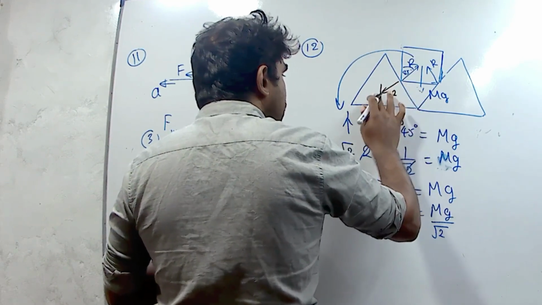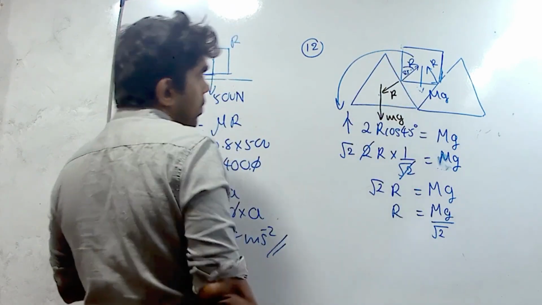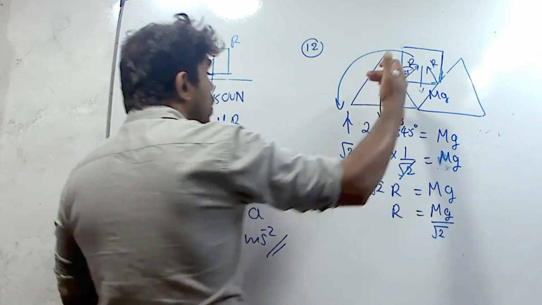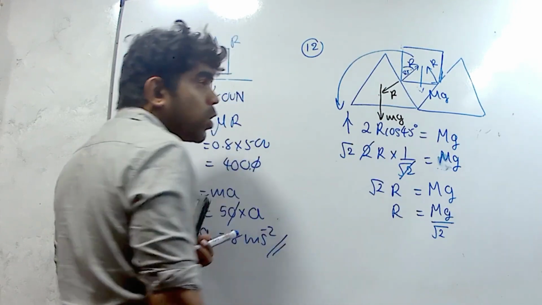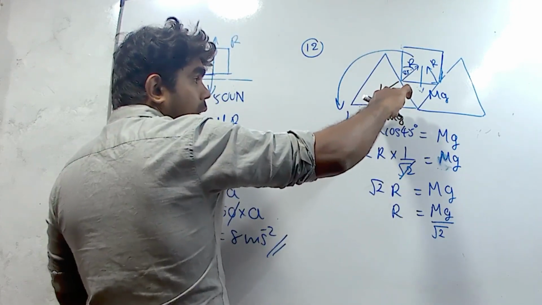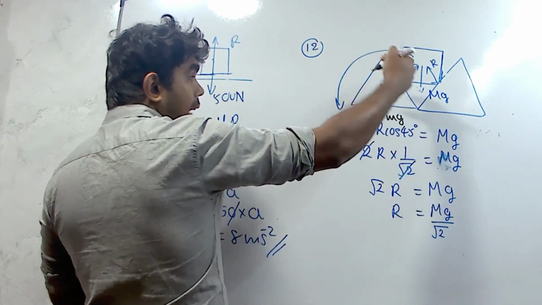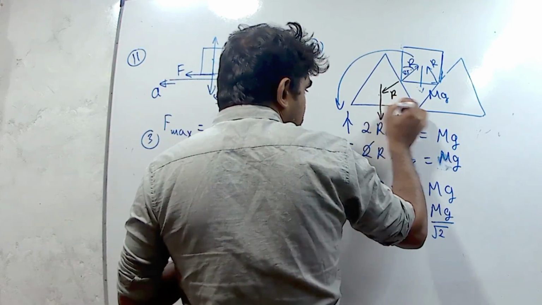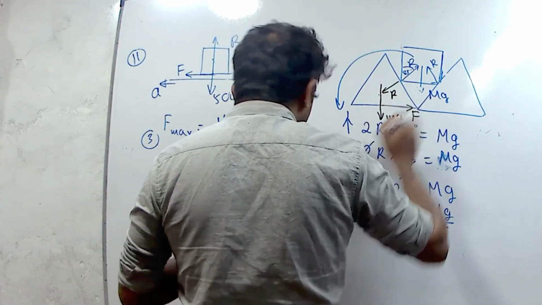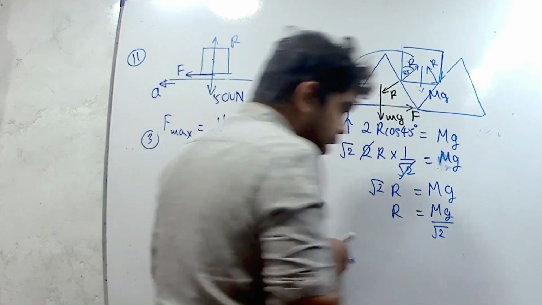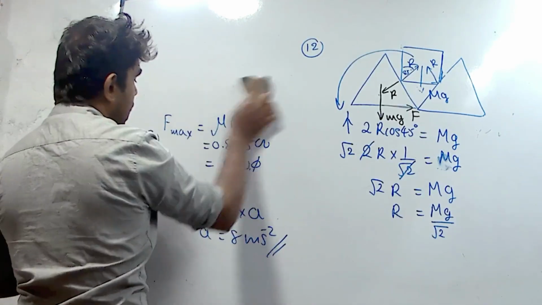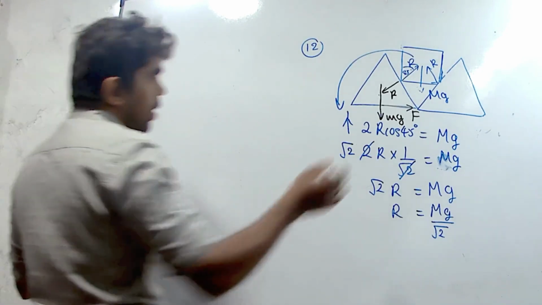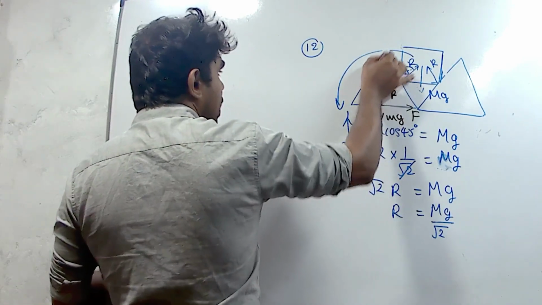Reaction capital R. This wedge is trying to move in the right hand direction because there is a reaction component in the right hand direction. We have to consider that friction is opposite to the direction of trying to move. Now I will consider vertical equilibrium of the wedge. There is a reaction at this place, I will consider it as R dash.